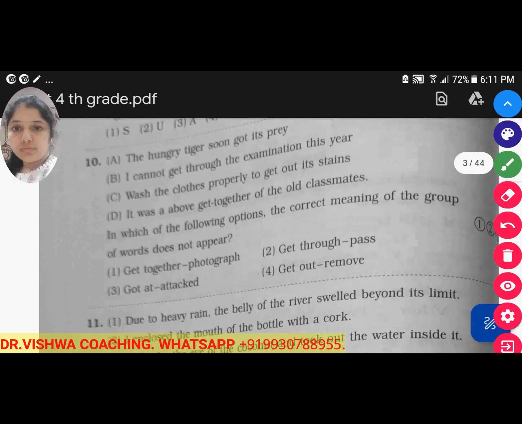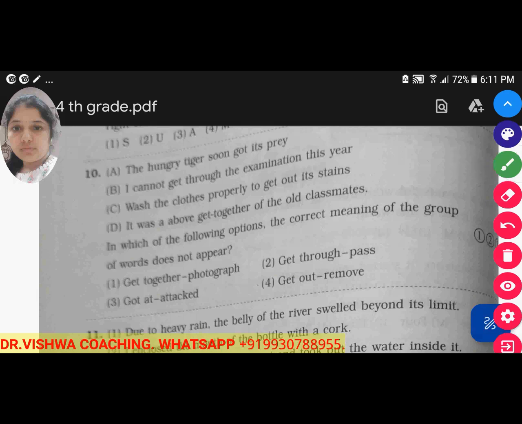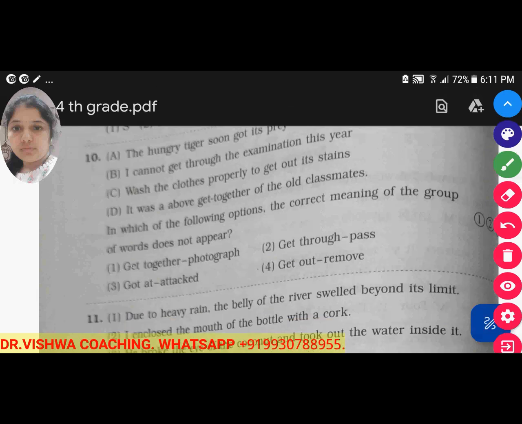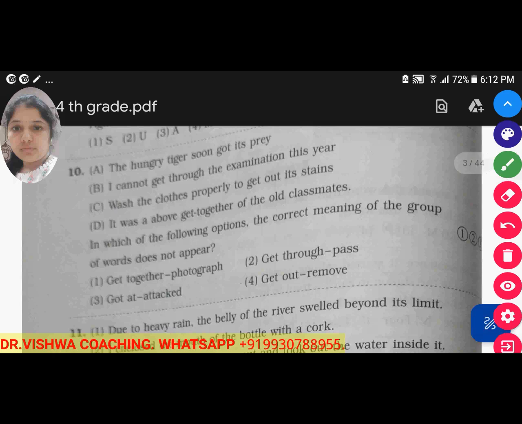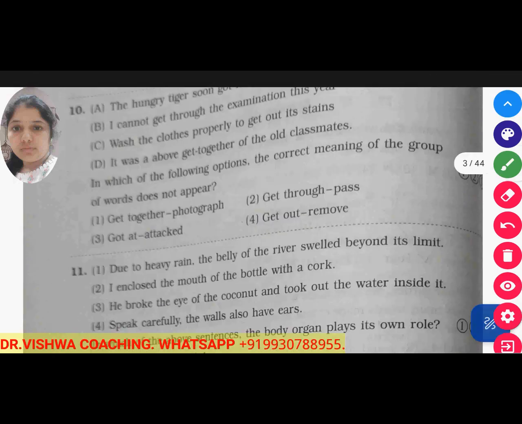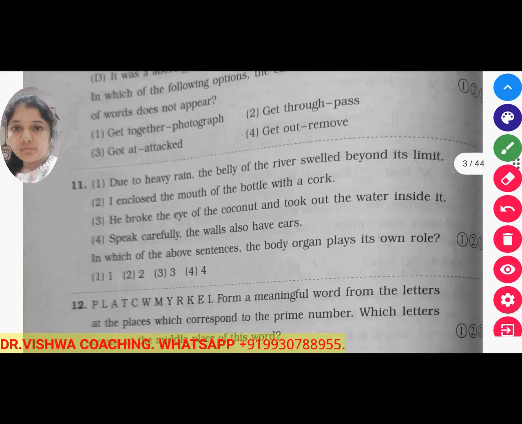We have to find out the correct meaning of the group of words that does not appear. So get together is the correct choice of word. Okay, so option 1 is the option here.